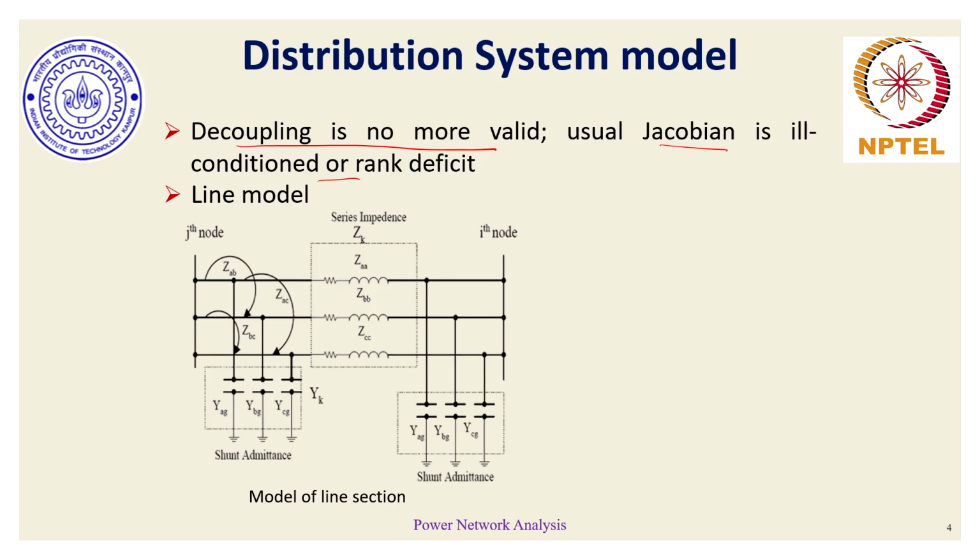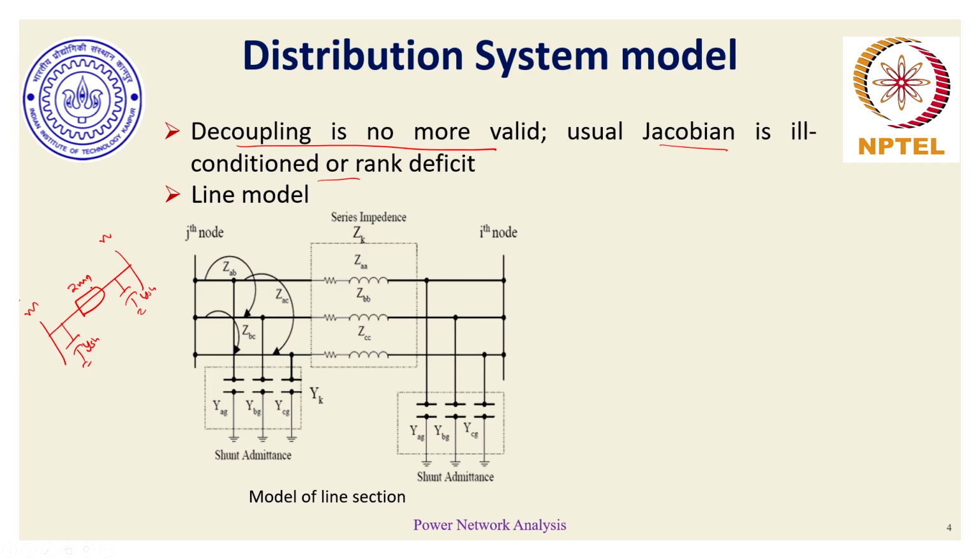Typically in distribution network, the way distribution lines are modeled, unlike in transmission network where we had node J and node I, or maybe I'll use a different notation, let's say node M and node N. If there's a line which is connected to buses M and N, then we had assumed the corresponding nominal pi model for the line where the half line susceptances were present, which are YSH, YSH, and then here we had the corresponding series line impedance.